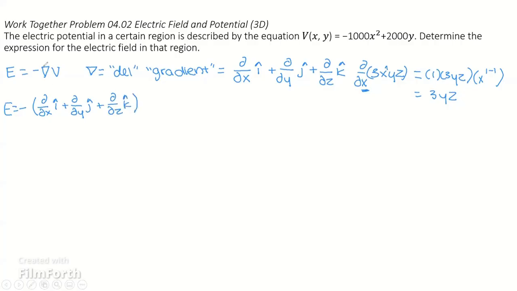So that's the del part of this expression, and then V is given in the question, so it's negative 1000x squared plus 2000y. Perfect. Now I'm going to multiply the V expression into each component of this vector. The i hat, j hat, k hat indicates that this is a vector with 3 components. I'm going to write this out in full.